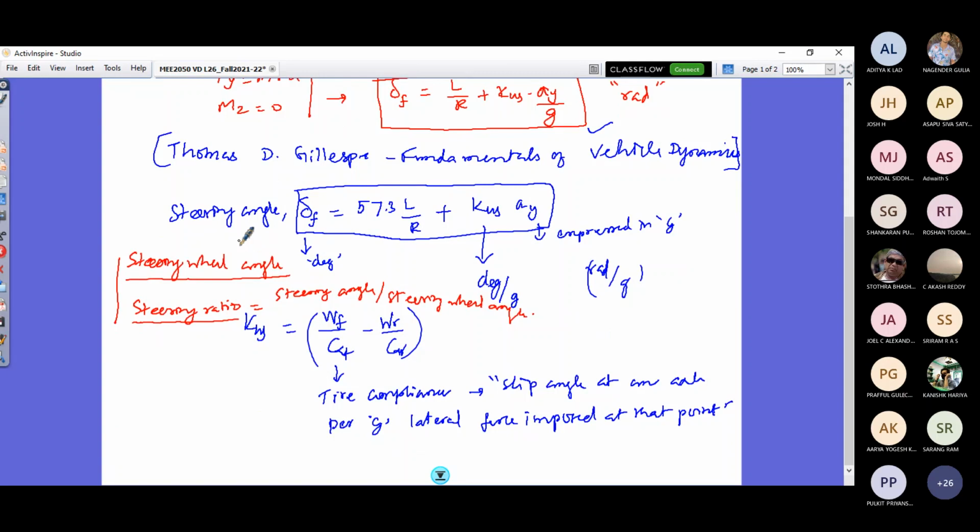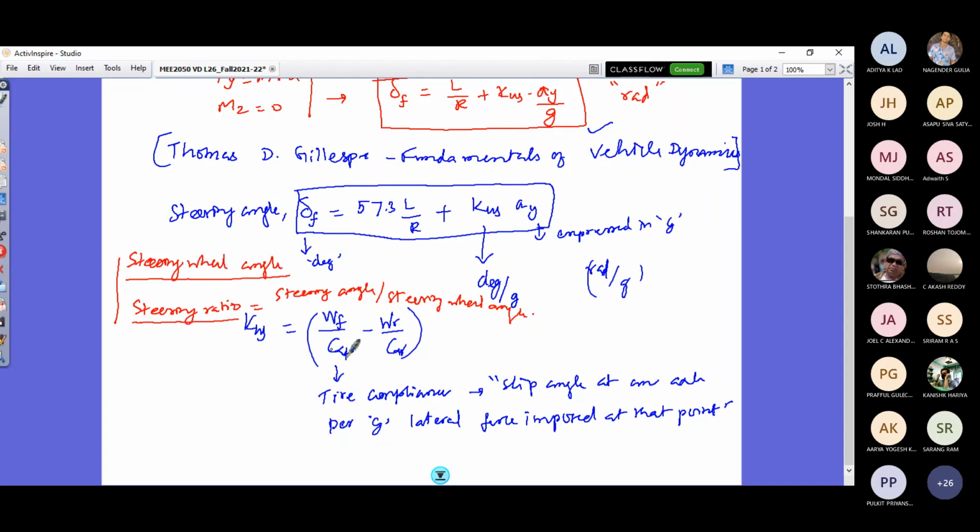And we have looked at the definition of steering ratio, and that is steering angle at the tire-wheel interaction divided by steering wheel angle at the driver's hand. And you require to divide your steady state gain by the steering ratio if you have to talk on what is the requirement of steering angle at the driver's hand, right?